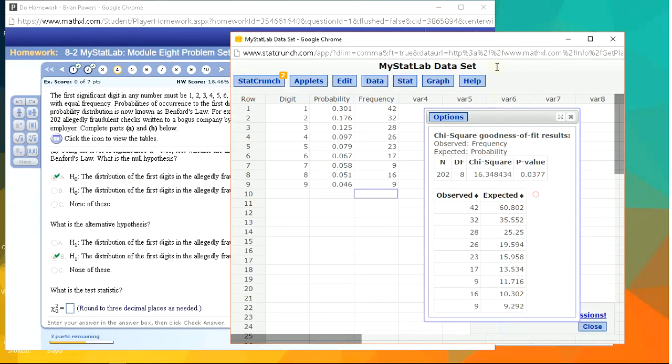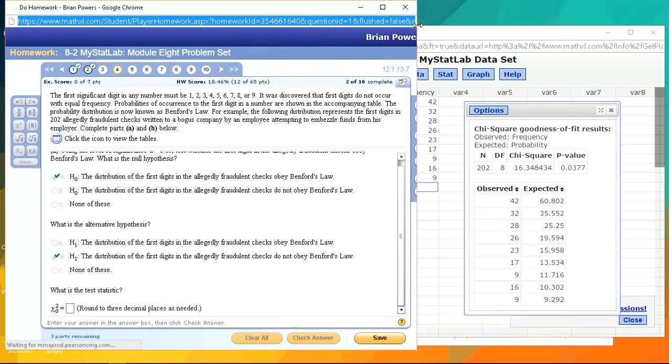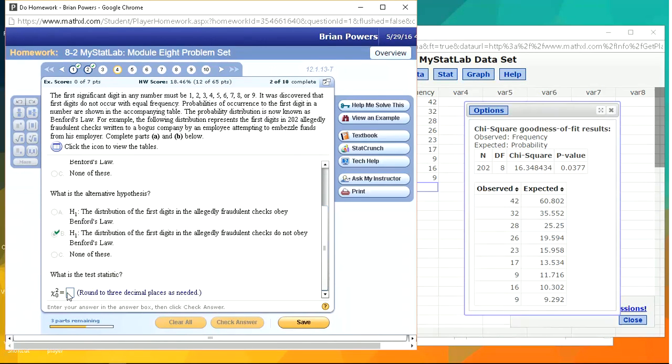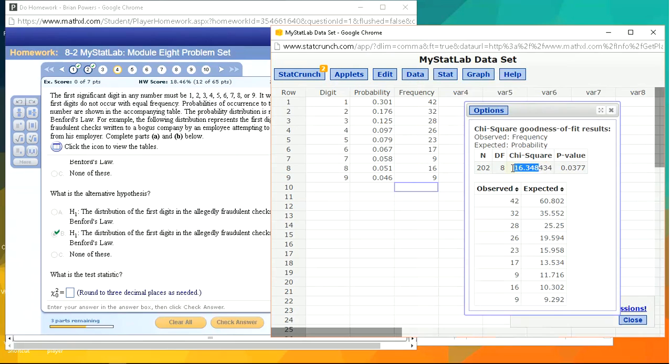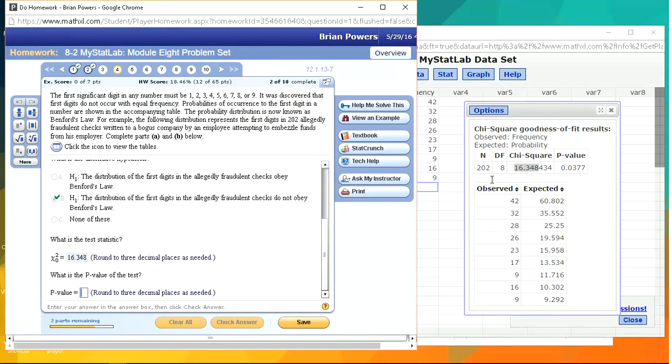The chi-square test statistic is given to us here to 3 decimal places, and the p-value is also given to 3 decimal places. That's 0.037.